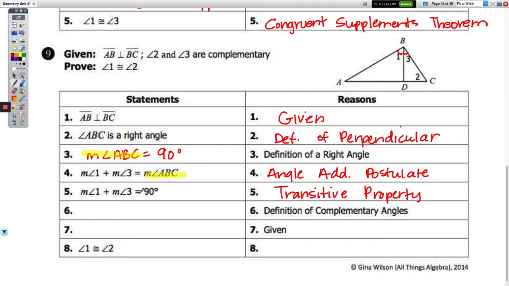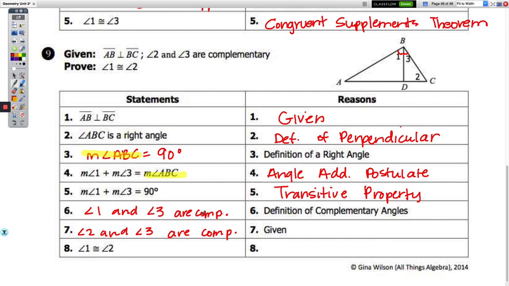Number 7 is the second given. Angle 2 and angle 3 are complementary. The definition of complementary angles here tells me that angle 1 and angle 3 are complementary.